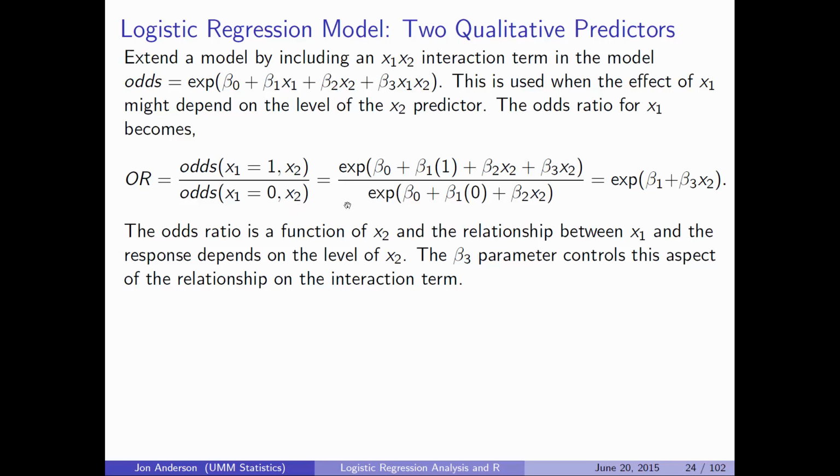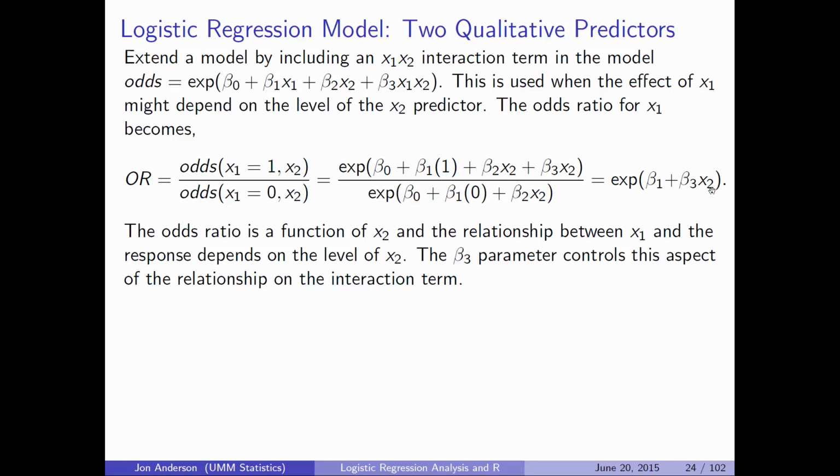You'll notice in the denominator odds, because x1 is a 0, we of course have x1 as a 0 for the beta 1 times x1 term, but we also get a 0 for this last term because it's beta 3 times 0 times x2. So that last beta 3 term wipes out. And we're left with, after canceling, an odds ratio that is e to the beta 1 plus beta 3 times x2.